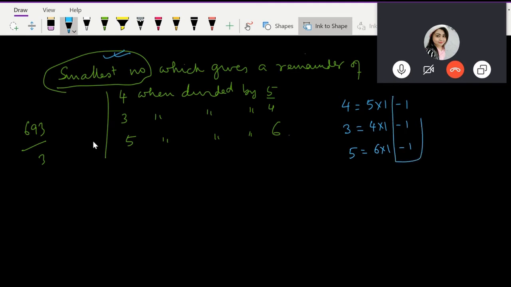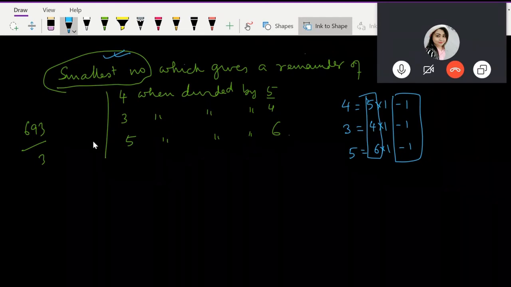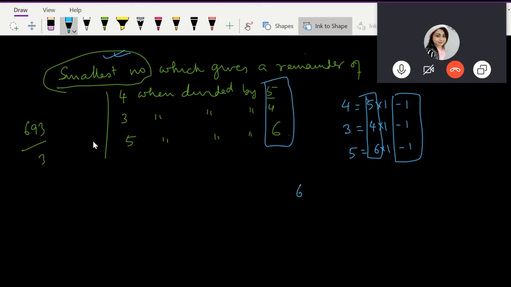This is the common remainder when I'm dividing by 4, 5 and 6. 59, correct. So all I have to do is get the LCM of this, which is 60, and minus 1, 59.